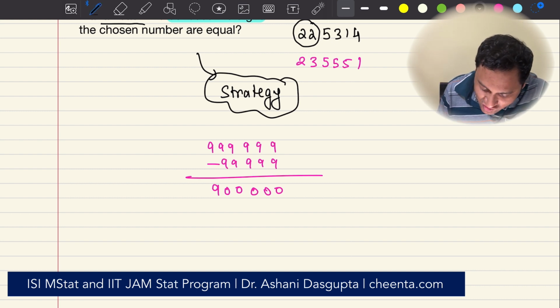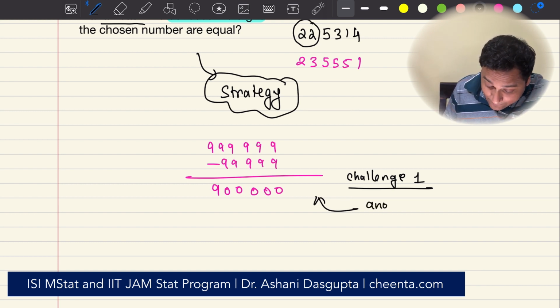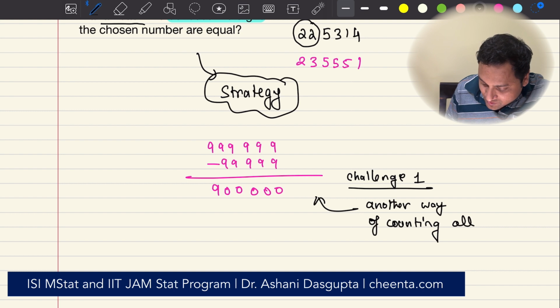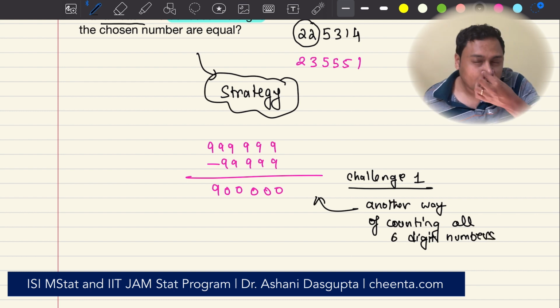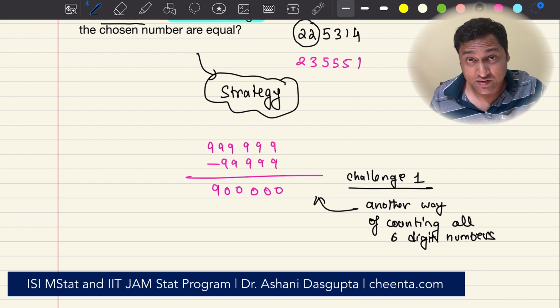Here is a challenge question. It's a very simple one. Can you give me another way of counting all 6-digit numbers? So we have 900,000 6-digit numbers.